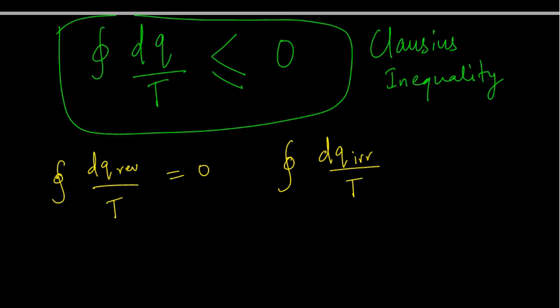So what it says is that the integral of dq irreversible by T definitely should be less than 0. Don't worry, we'll derive it.